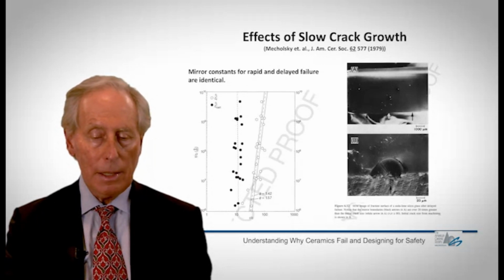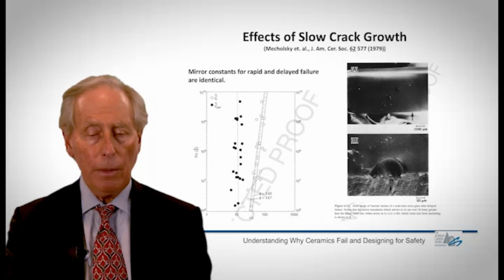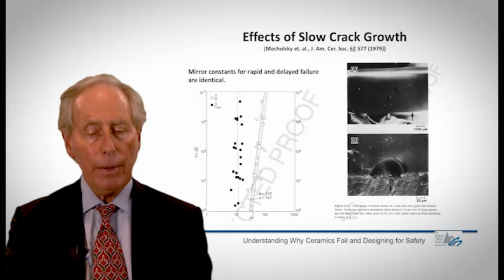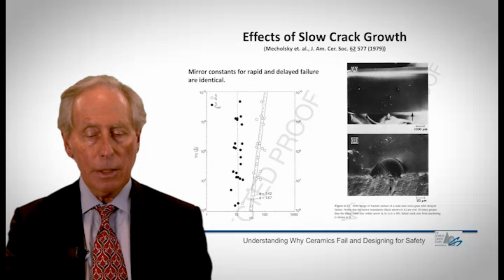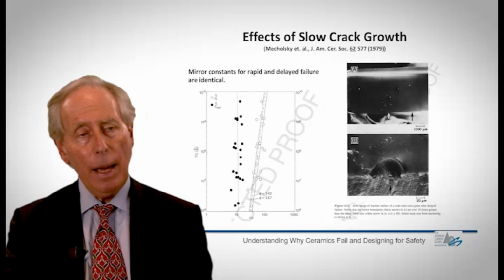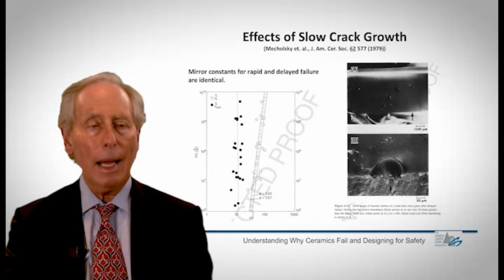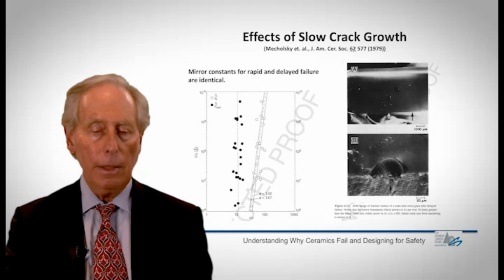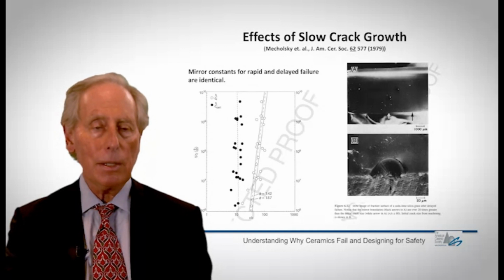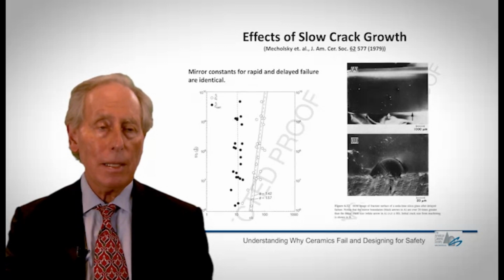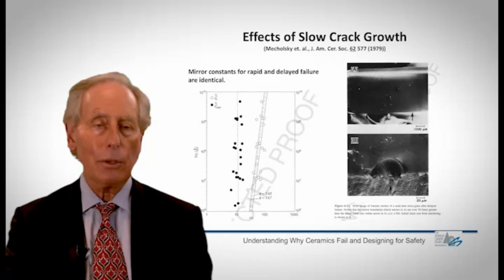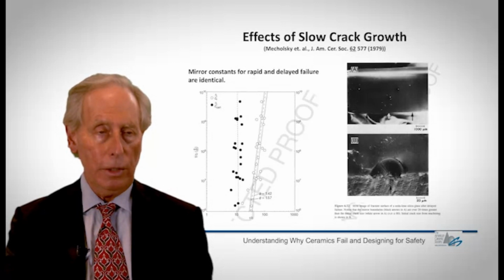And more or less, this is what I say here. The stress at which a failure of a part occurs can be determined from the fractographic analysis with knowledge of the mirror constant, regardless of whether it breaks instantaneously or after a period of time in service. So it goes back to the point that if you're making large numbers of parts that are likely to see stresses in the field, it would be valuable to determine the mirror constants for that material, because later on it gives you another tool to analyze whether there was an overstress at some point, or whether it simply failed because cracks grew slowly with time under the load that you expected.